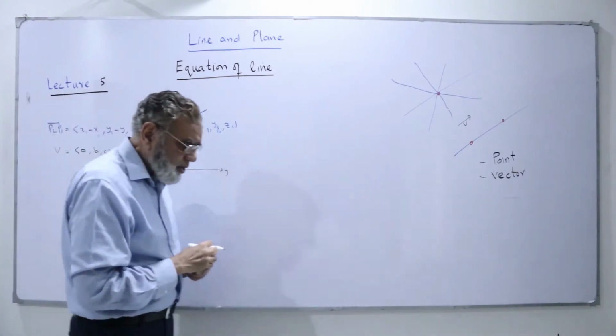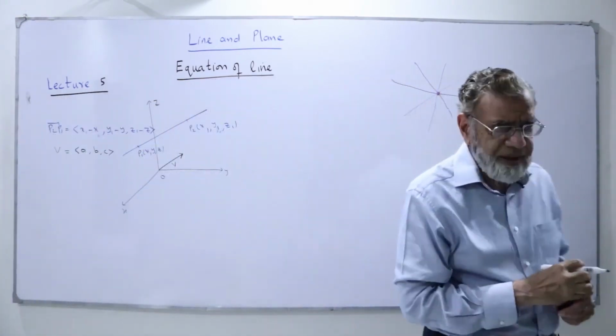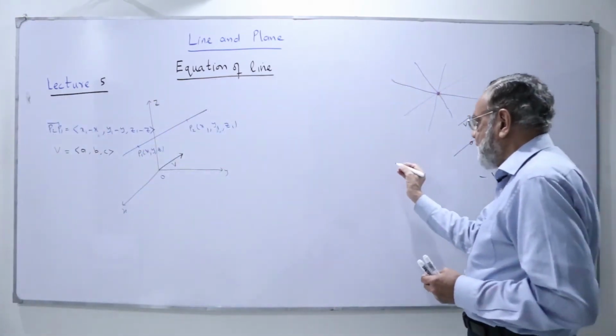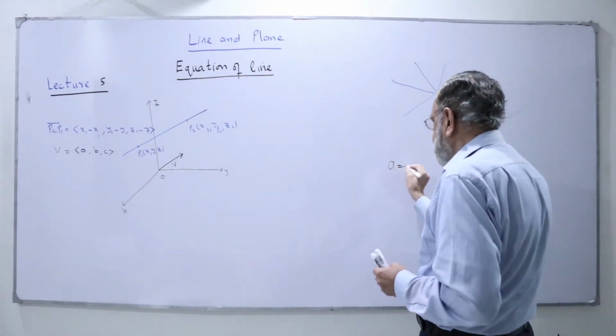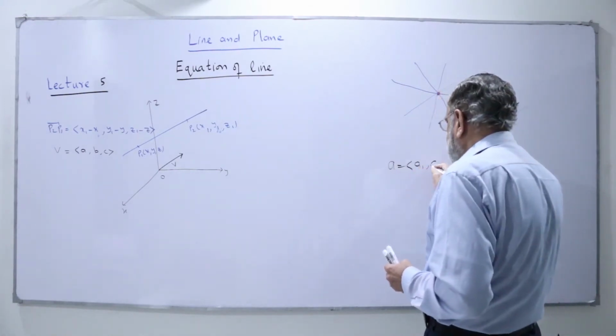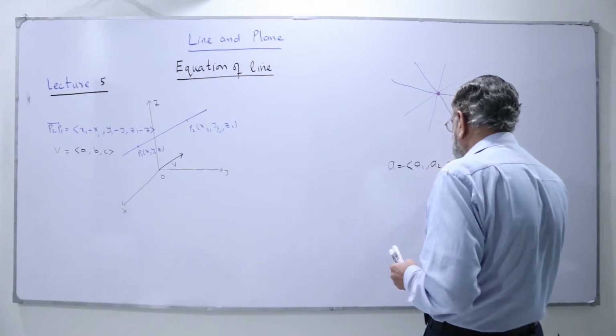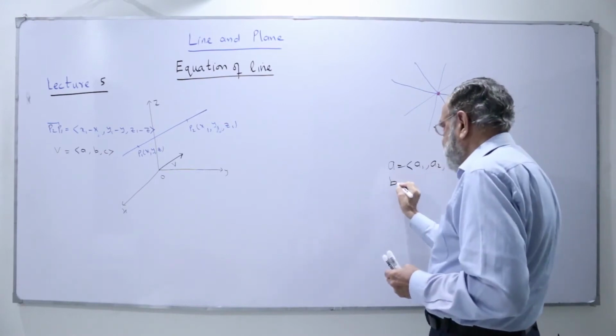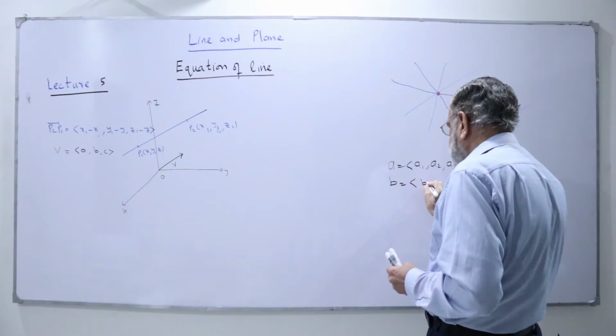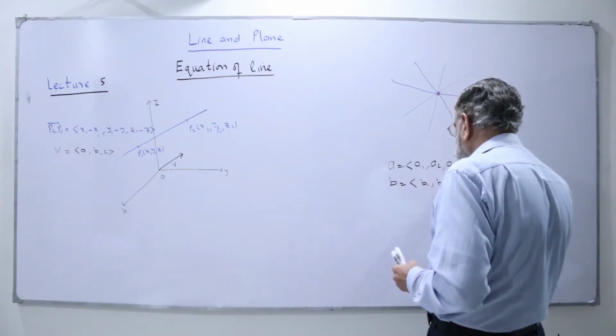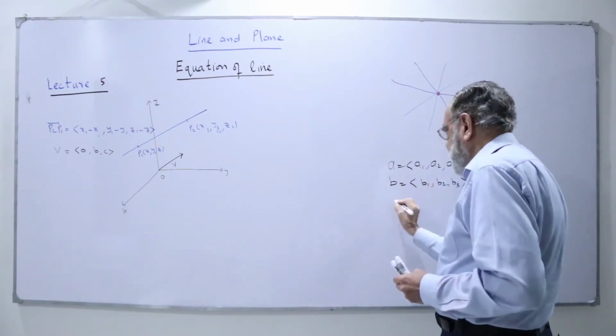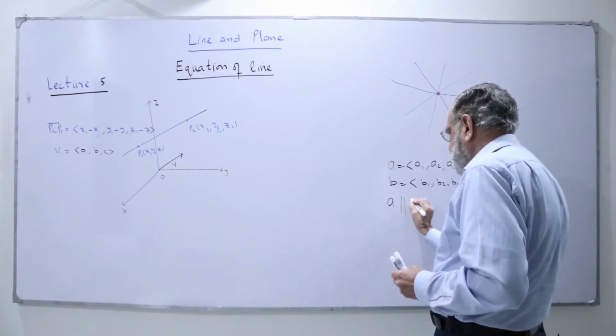So coming back to this, we have 2 vectors, a and b. Vector a has the components a1, a2, and a3. And b is a vector which has the components b1, b2, b3. We say vector a is parallel to vector b.